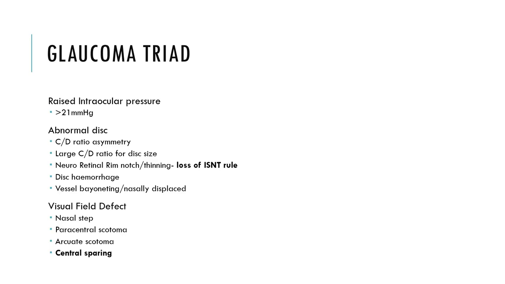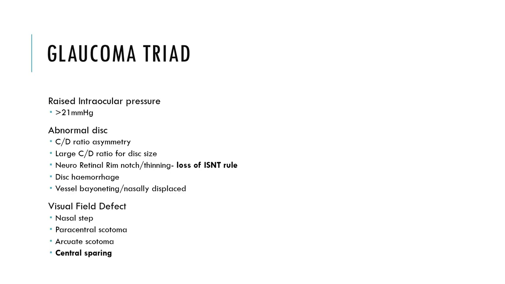The ISNT rule states that the optic disc is thicker inferiorly, then superiorly, then nasally, then temporally, and this relationship is obliterated in glaucoma. Finally, there may be disc hemorrhages or nasal displacement of vessels. So that covers the abnormal disc.